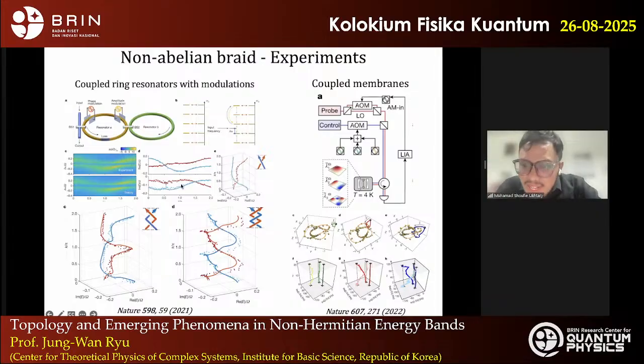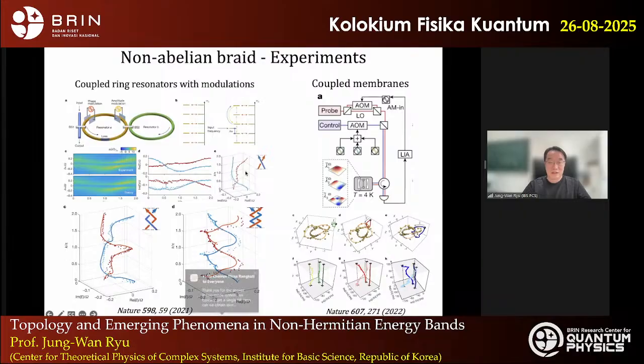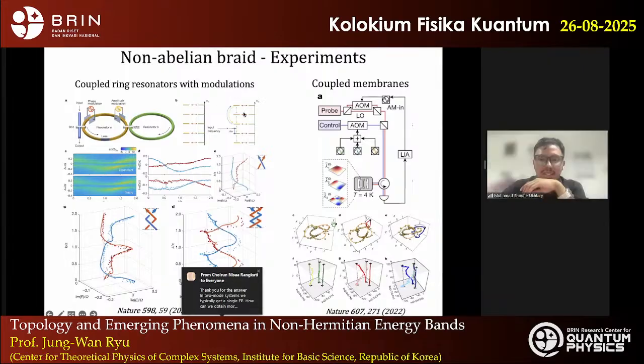Okay, let's continue to the next question. Is it correct to say that the second and third topological invariants parameterize the elements of a certain braid group? The second means the cycle of permutation, and the third means the braid phase.